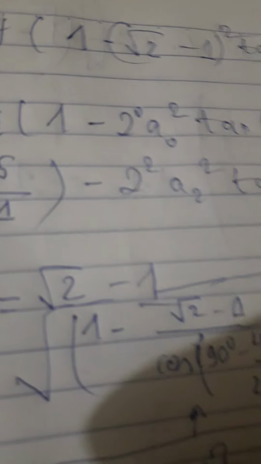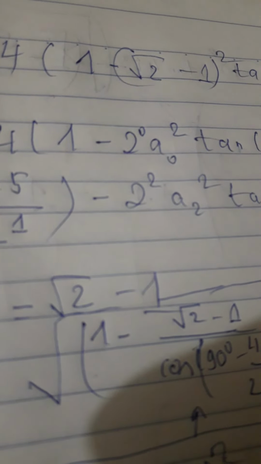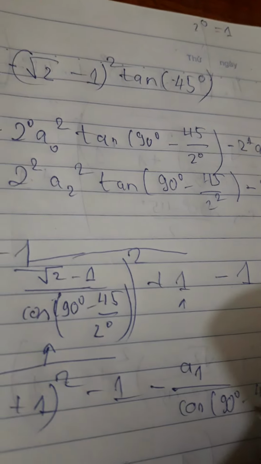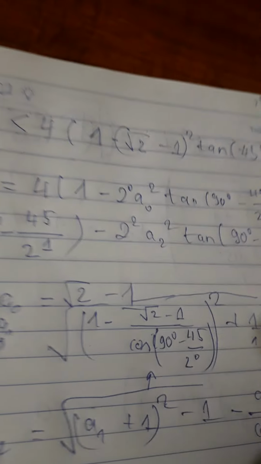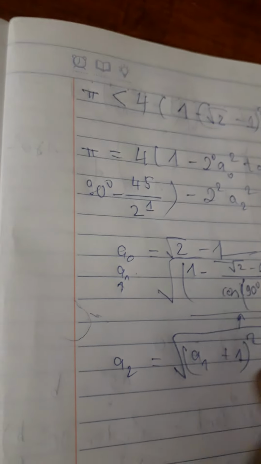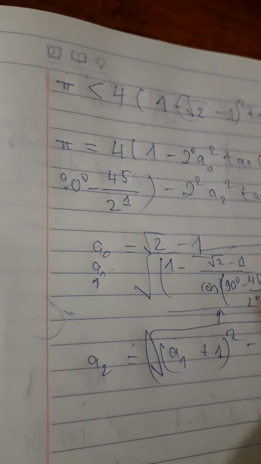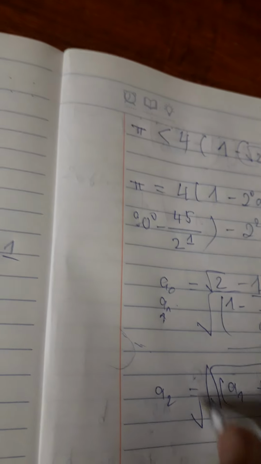If you feel like that, yeah, ignore it. A2 divided by the cosine of 90 degrees subtract 45 divided by 2 to the power 1. And this is actually this term here in the square. So we take that square plus 1 square root and just finally subtract it by 1. That is A2. And A3 is just the same thing as A2, but we just replace A1 with A2.